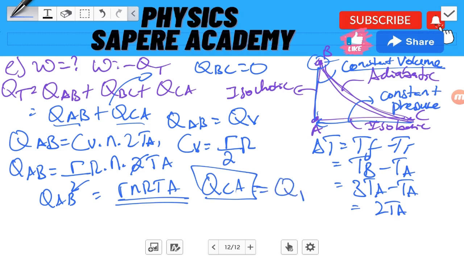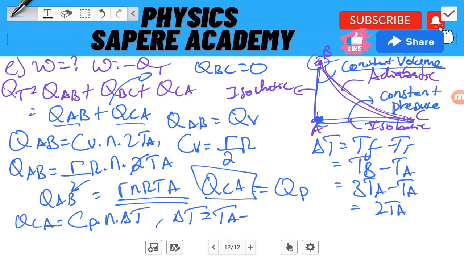So QCA equals QP equals CP times n change in T. So what is change in T? Now change in T is going to equal the final, which is TA, minus the initial, which is TC, right? So from this equation we don't have TC.